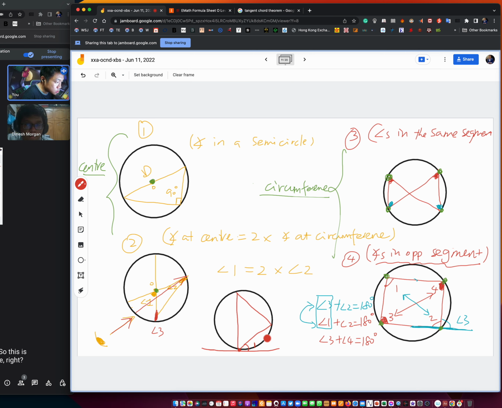Let's look at the anti-clockwise. This is the first angle, and this is the second angle. So the second angle is equal to angle 1. So this is our rule number 5, tangent chord theorem.